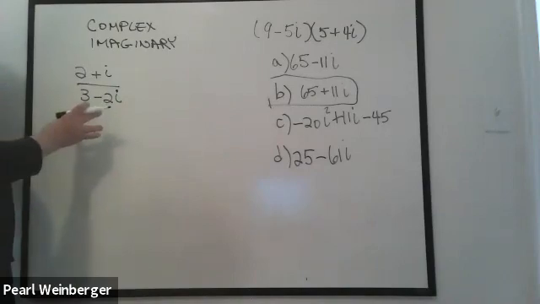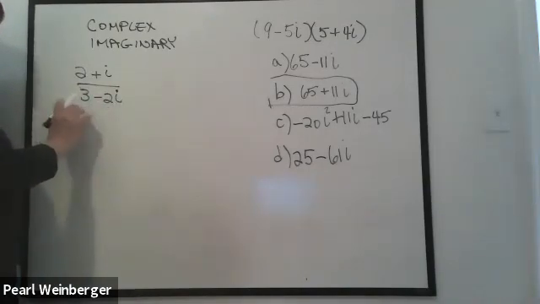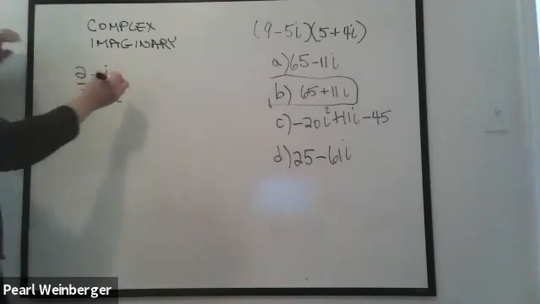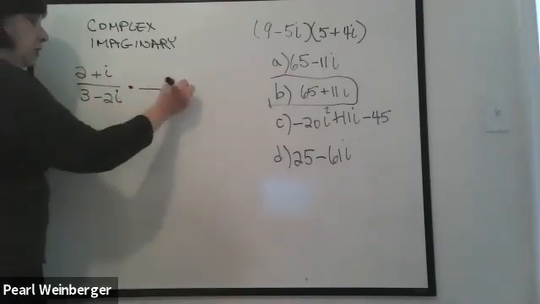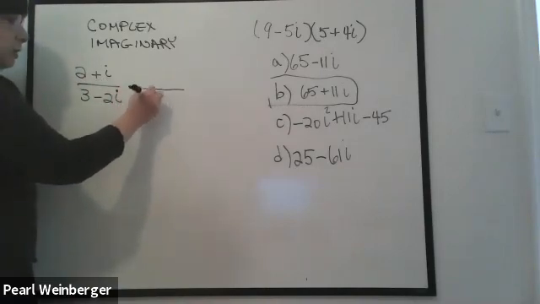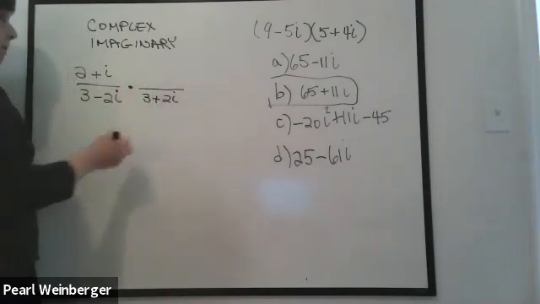So I'm going to do the same thing over here. When I see an i in the denominator and I have a binomial, then I'm going to multiply it by the conjugate of the binomial. Well, the conjugate of 3 minus 2i is going to be 3 plus 2i.